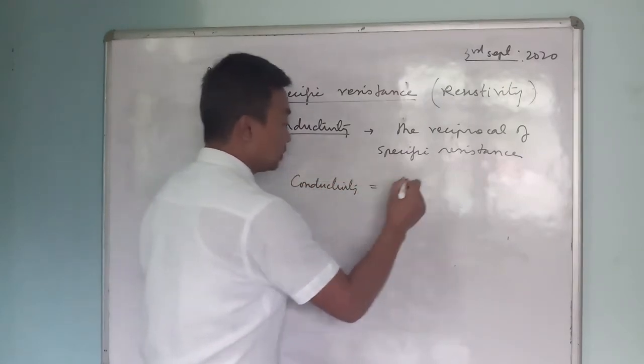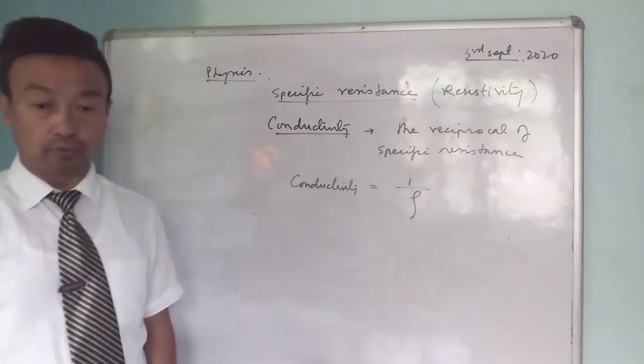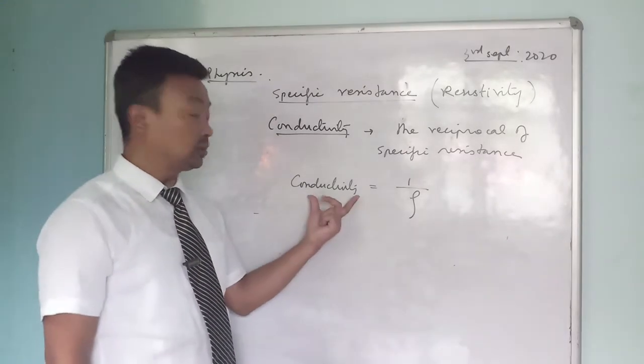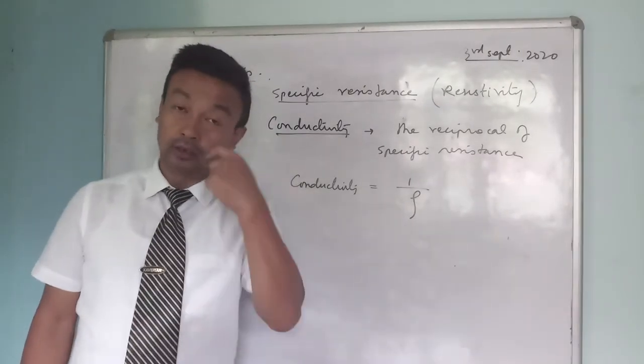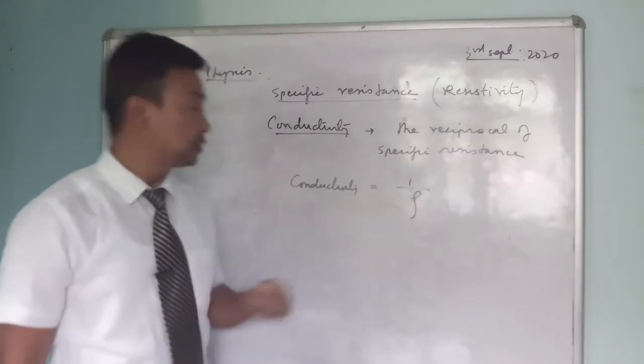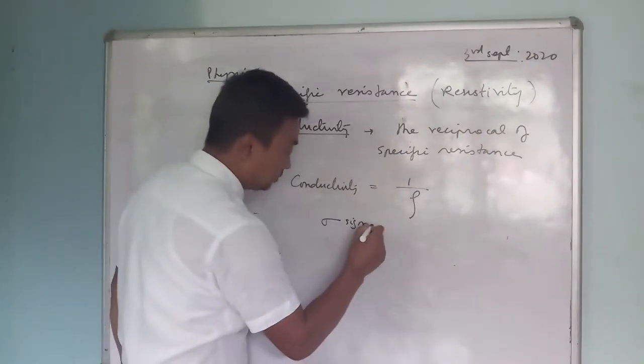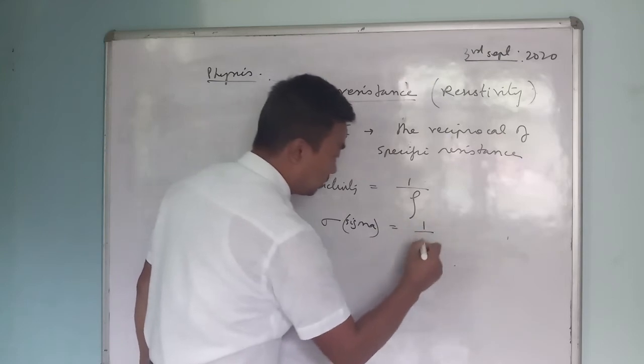Conductivity is 1 by specific resistance, which is given by the symbol rho. Alright. This conductivity has a symbol, unlike the conductance, where we did not have a particular symbol. This conductivity has a symbol which is sigma, 1 upon rho.